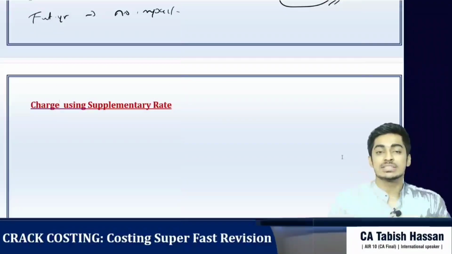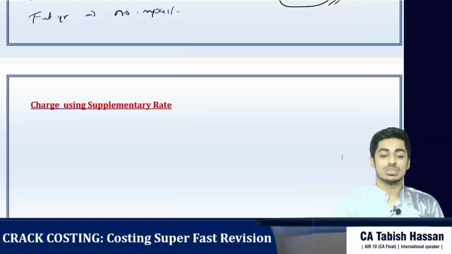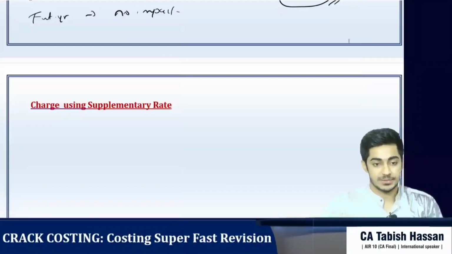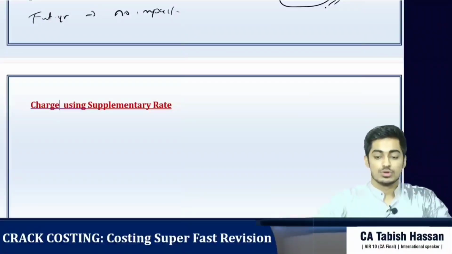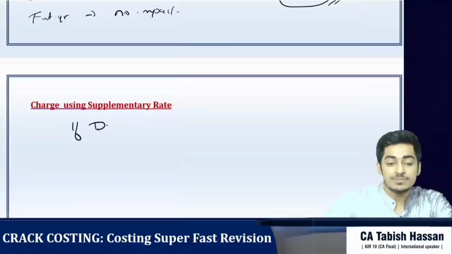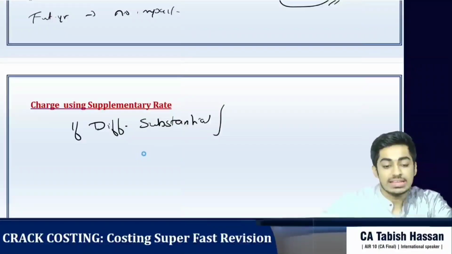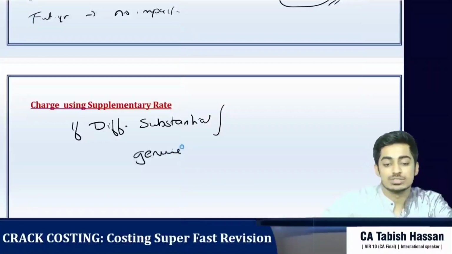Now we'll discuss the third method, that is to charge the under or over absorption using the supplementary rate. So when do we use this? We use this if the difference is substantial or it is a genuine increase in cost.